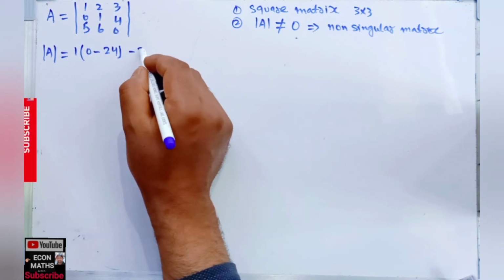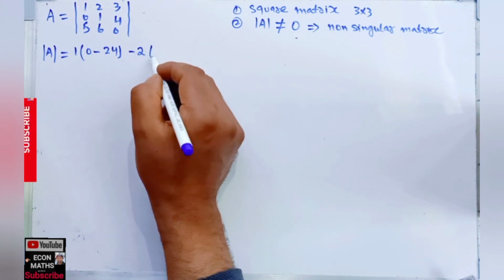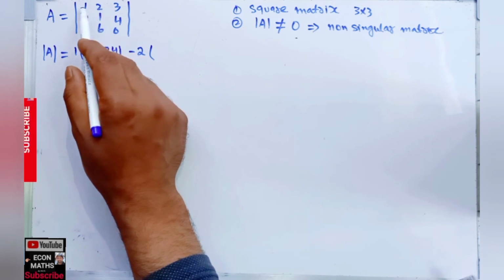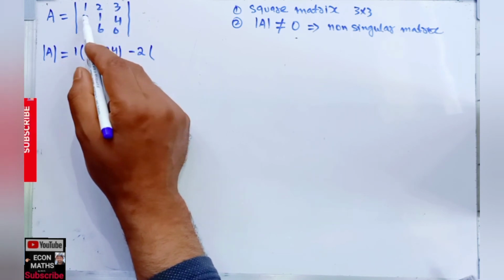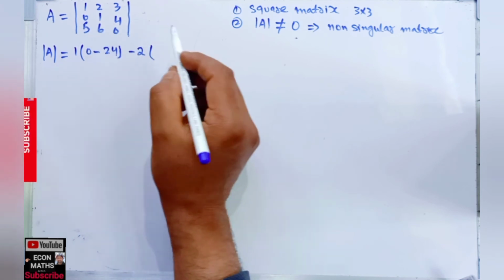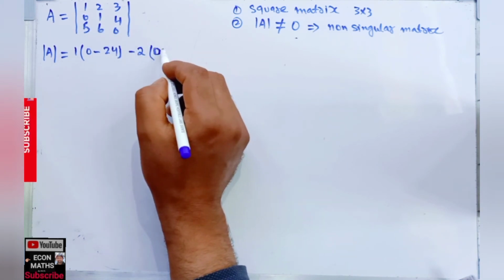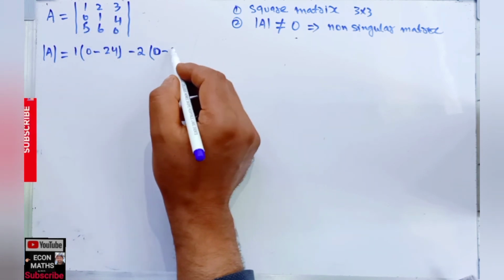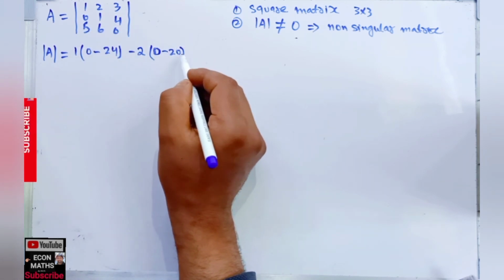Now here it is minus 2, delete the row and the column and take the determinant: 0 into 0 is 0, minus 5 fours are 20, so I will write 20.